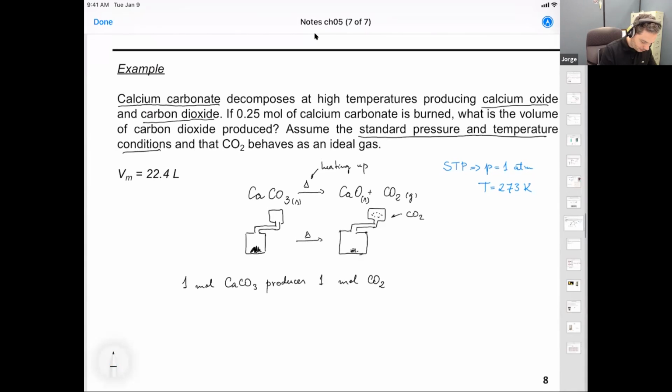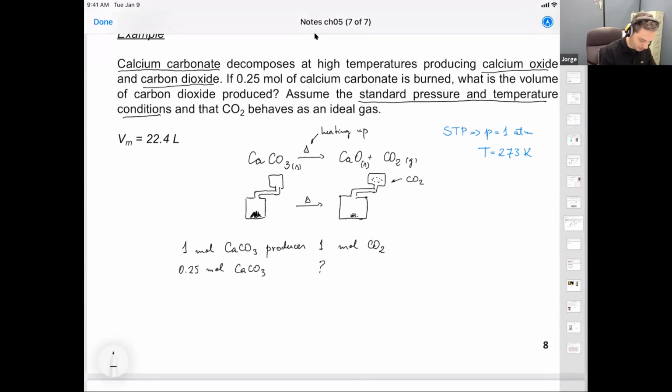So if we start with 0.25 mole of calcium carbonate, how much CO2 is going to be produced? So that's going to be our first very step. So here's a simple proportion problem. 1 mole of calcium carbonate produces 1 mole of CO2. If we have 0.25, how much CO2 is going to be produced?